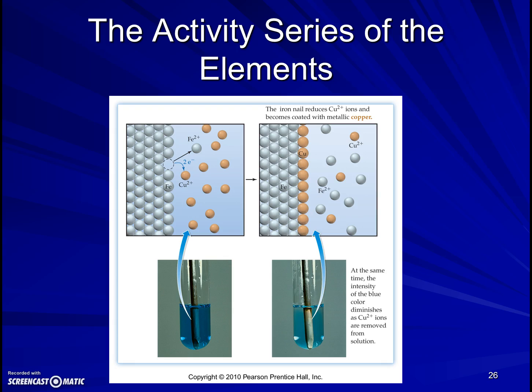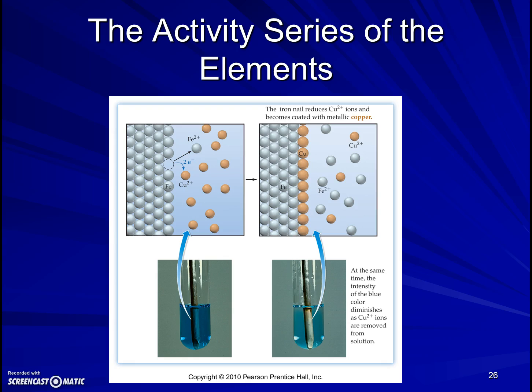Now in order for us to tell if a redox reaction is going to happen, particularly a redox reaction involving a metal, it'll be helpful for us to have some exposure to or understanding of the activity series of the elements. It's a list of elements, and their ordering in the list is based on which are most reactive, which are most likely or stable as ions, compared to which are most unreactive, which are most likely to find or most stable as metals.